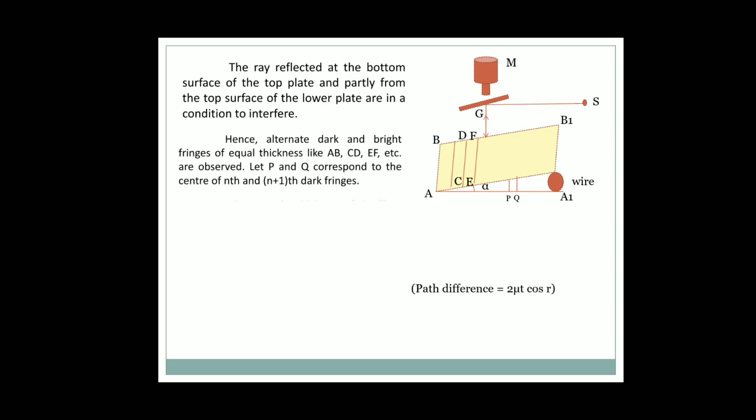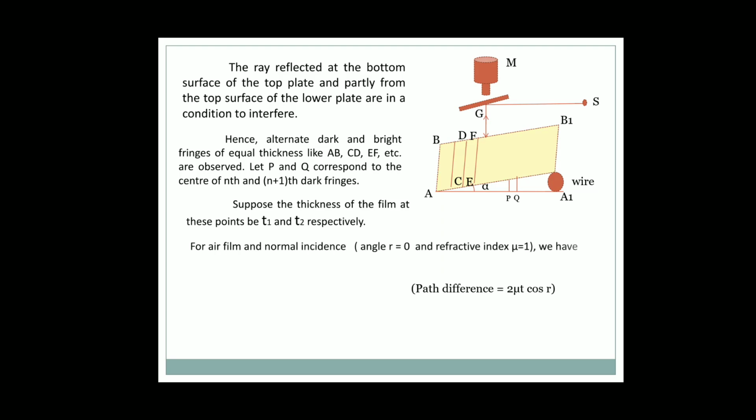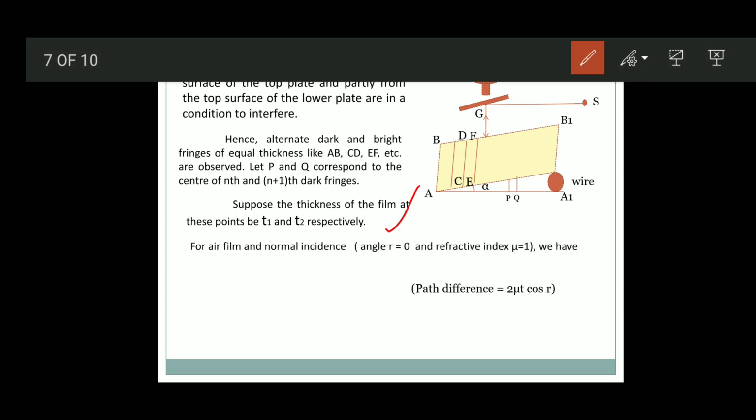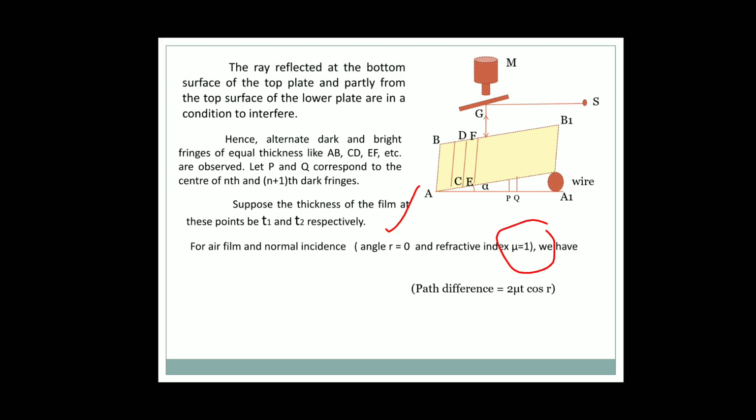delta is equal to, we know the formula is for normal incidence, that is r is equal to 0. And it is air. We have the air film between two glass plates A1 B1 and B1 A1, so that refractive index mu is equal to 1 for the air.